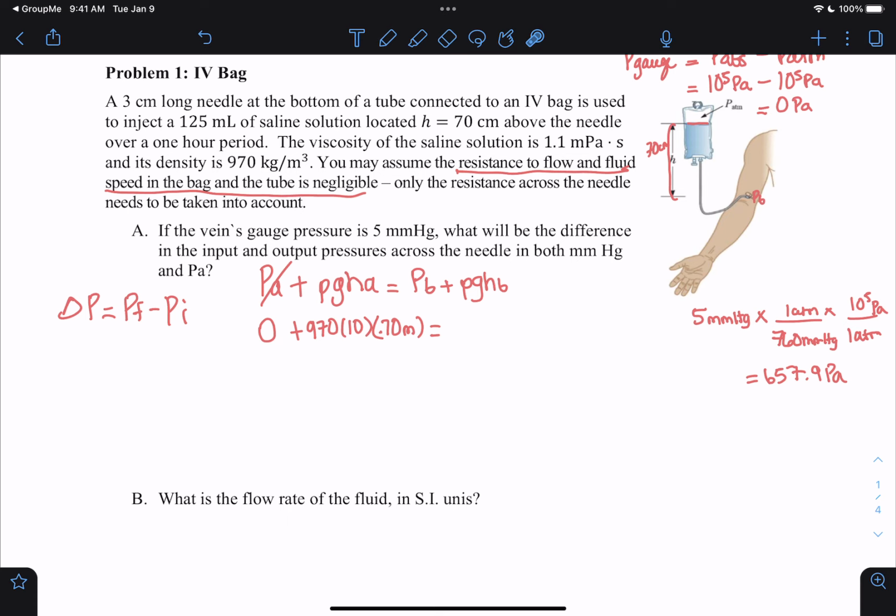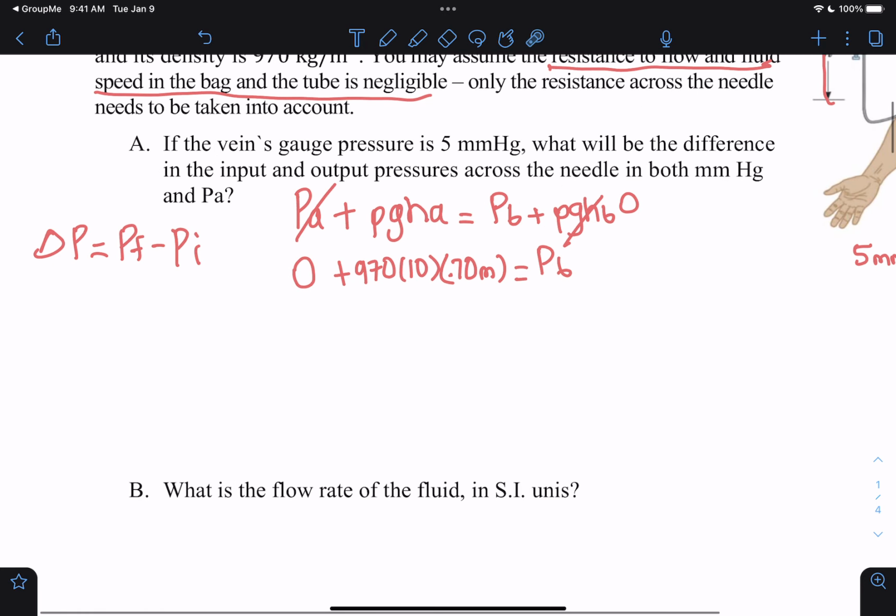So once again, this goes to 0 because you're at a reference height of 0, and we're measuring from it to the top. Am I frozen again? Okay. So once again, we're trying to figure out the change in pressure, right?